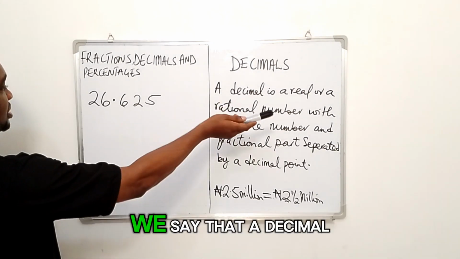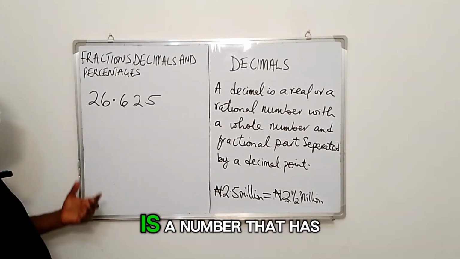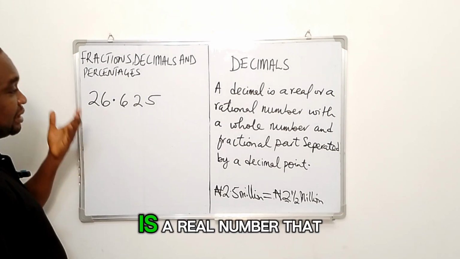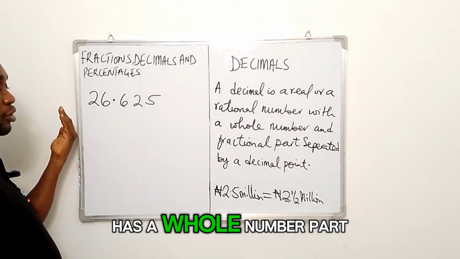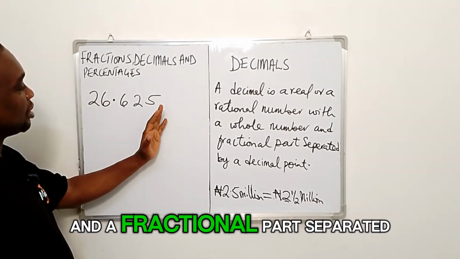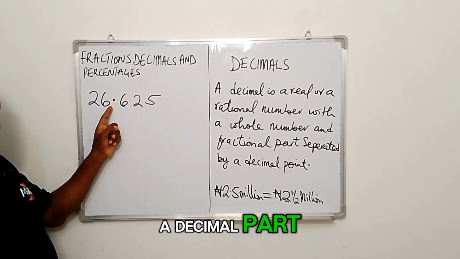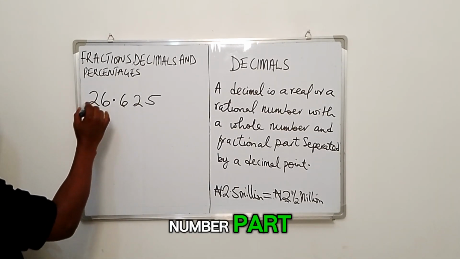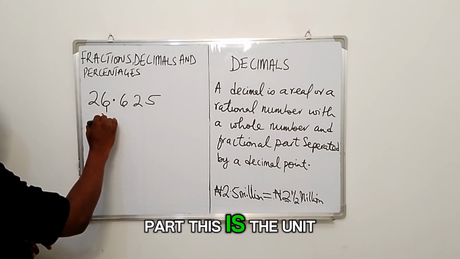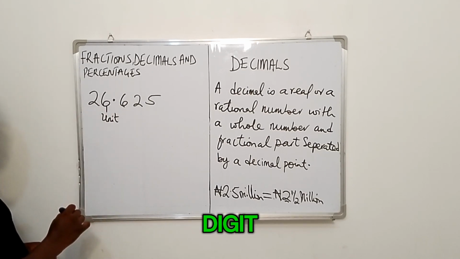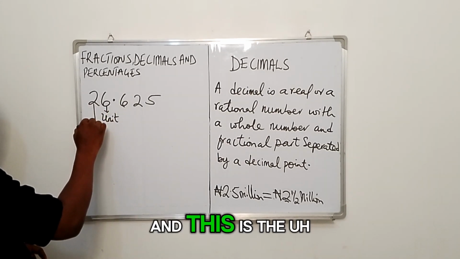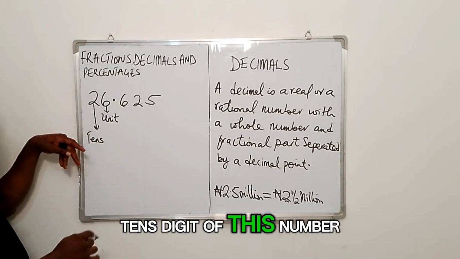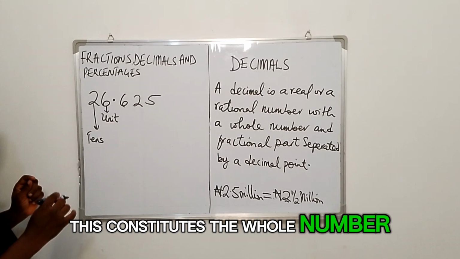From our definition, we said that a decimal is a rational number, is a real number that has a whole number part and a fractional part separated by a decimal point. So let's look at its structure. Now, this is the whole number part, and for the whole number part, this is the unit digit, and this is the tens digit of this number. This constitutes the whole number part.